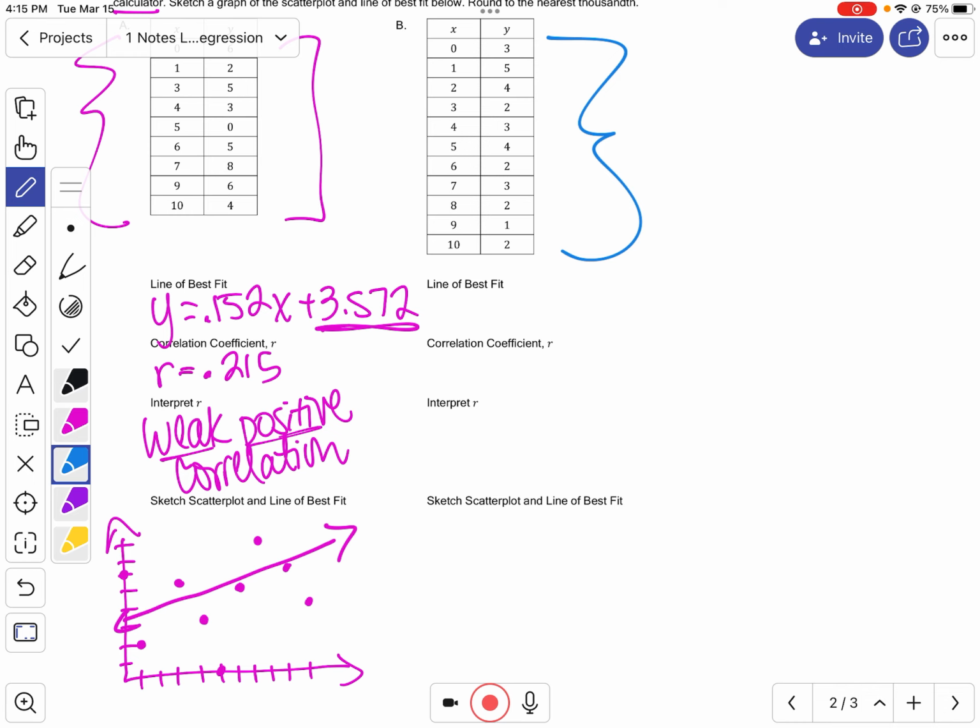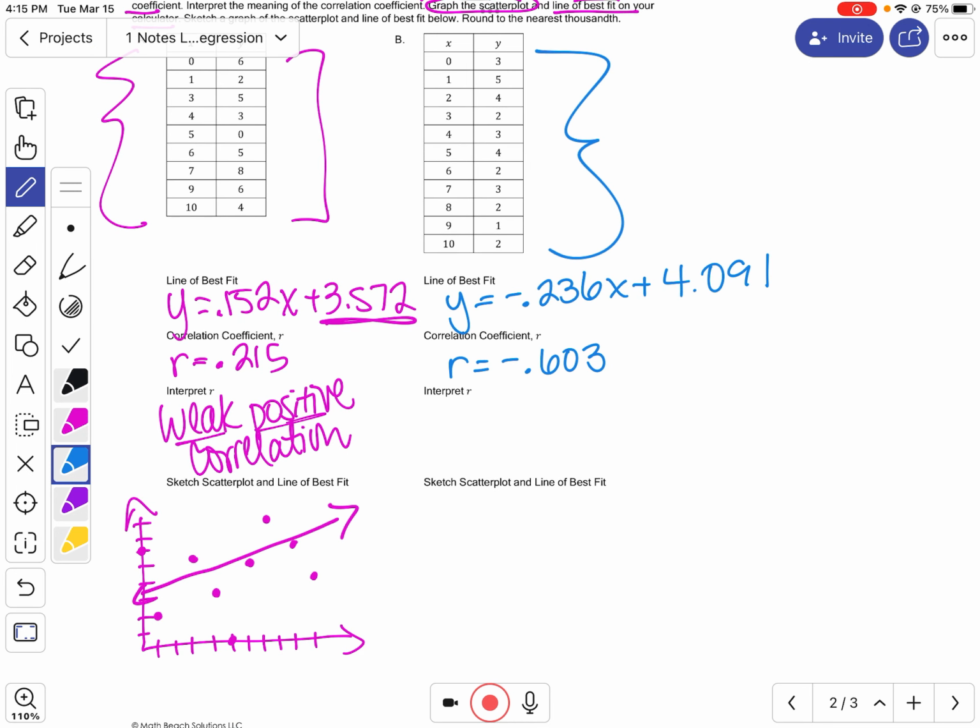You should have got y equals negative 0.236x plus 4.091. Your r should have been negative 0.603, which means you have a moderate negative correlation, because it's a negative slope.